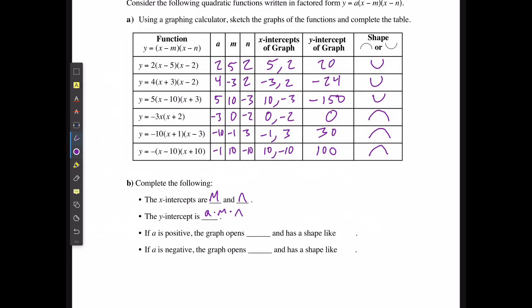If a is positive, the graph opens up and has a shape like this. If a is negative, it's going to open down and has a shape like this, which is the exact same as what we saw in our general form and our standard or vertex form. And you can see that all three of them have that lowercase a, and the value of a is always the same.